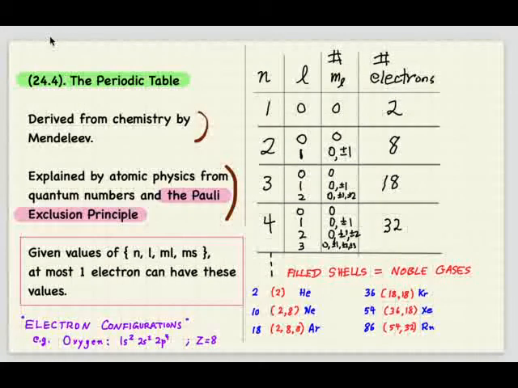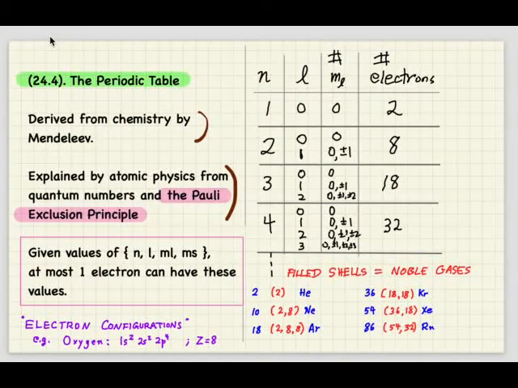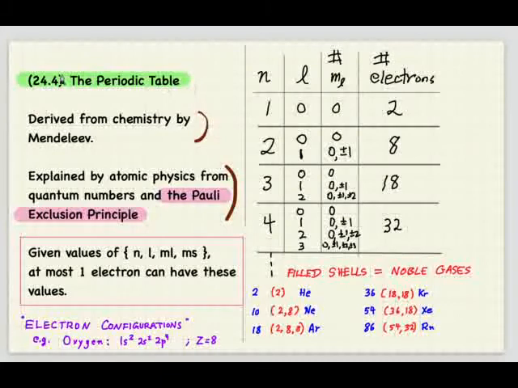Okay, so atomic physics, Schrödinger's theory of electron waves, and the Pauli exclusion principle explain the periodic table of the elements.